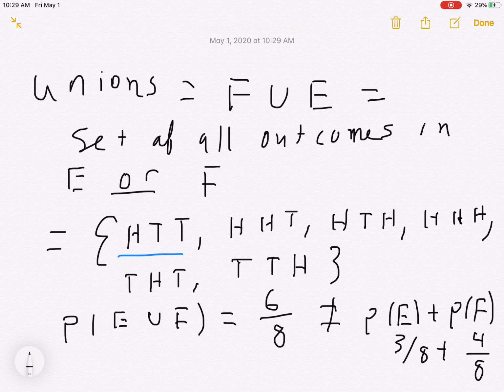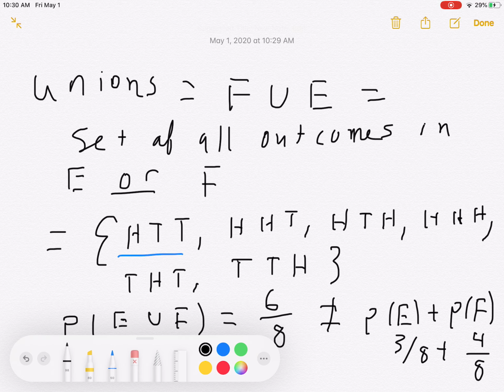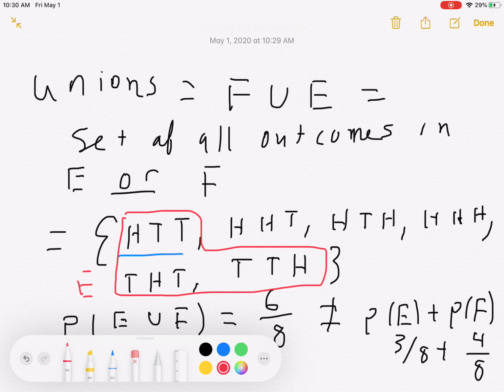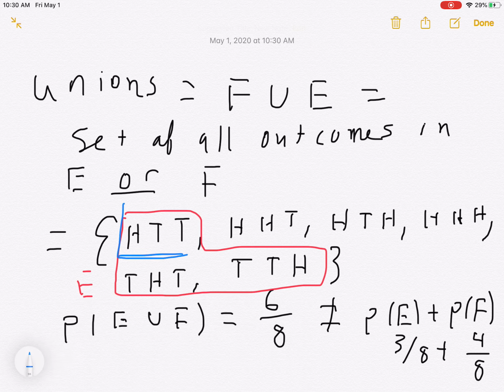I would be counting, probability of E would have 3 events, which would include the heads, tails, tails. So that would be E. Then if I was to look at probability of F, it'd be all of this.